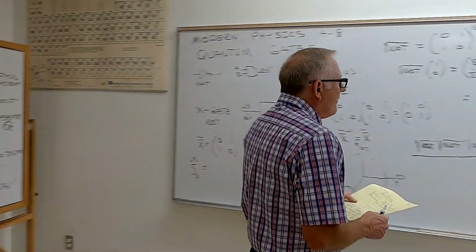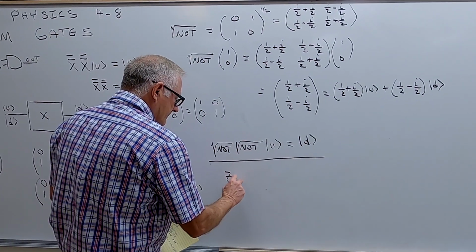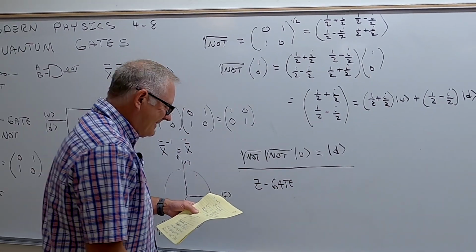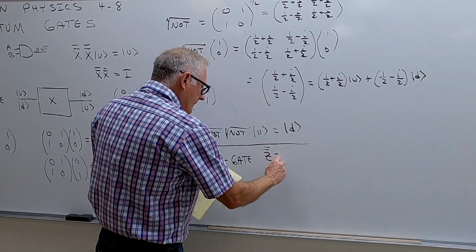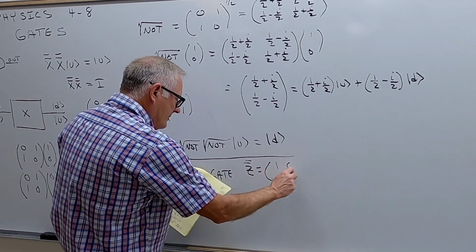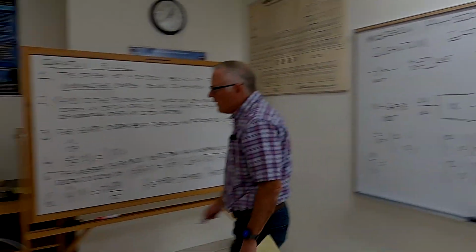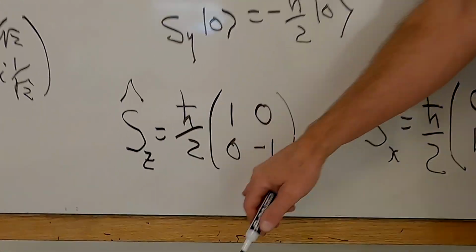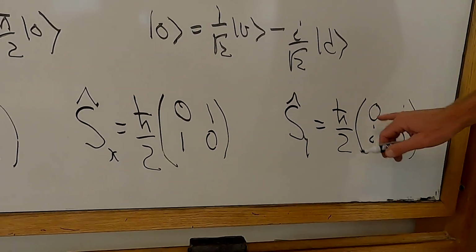We also have something called the Z gate, and the matrix would be 1, 0, 0, minus 1. The reason it's called the Z gate is it looks just like this without the h bar over 2. I imagine there'd be a Y gate too, but I'm not going to bring up that one. I don't need that.